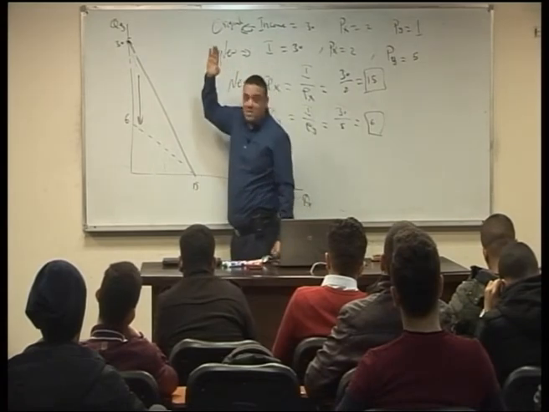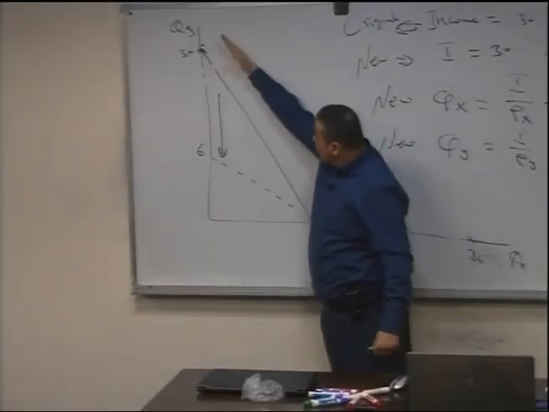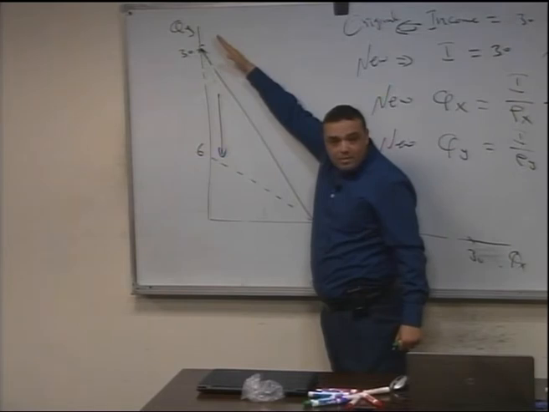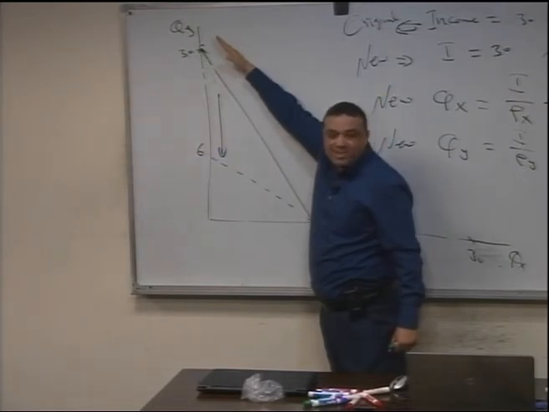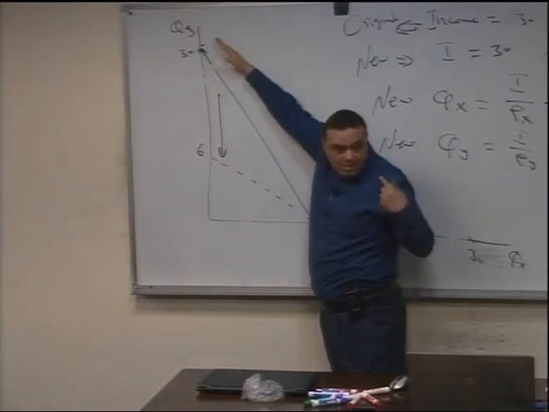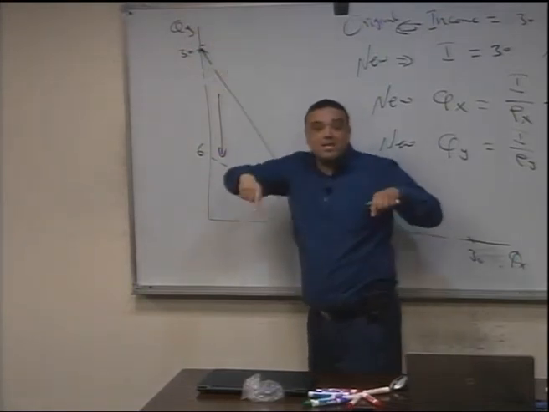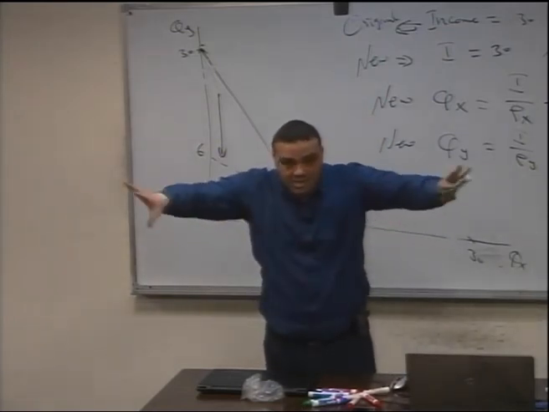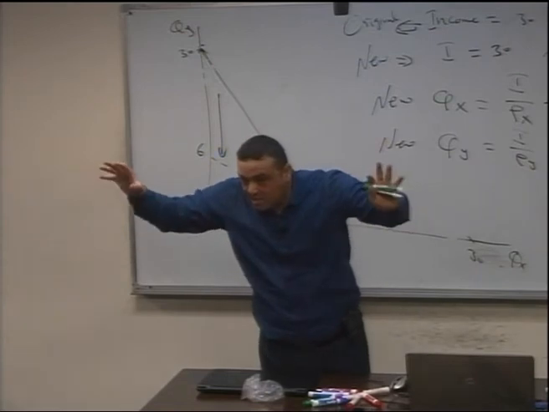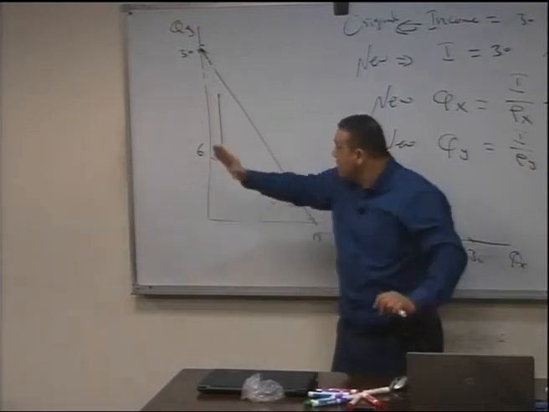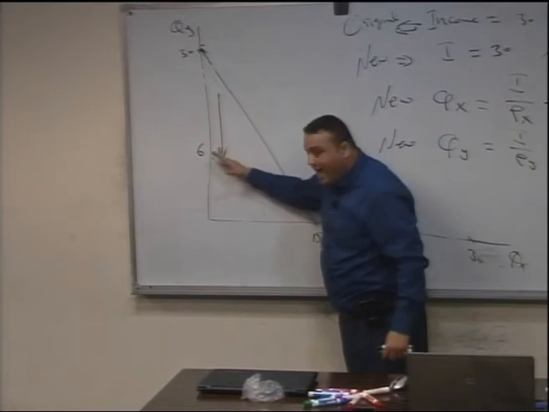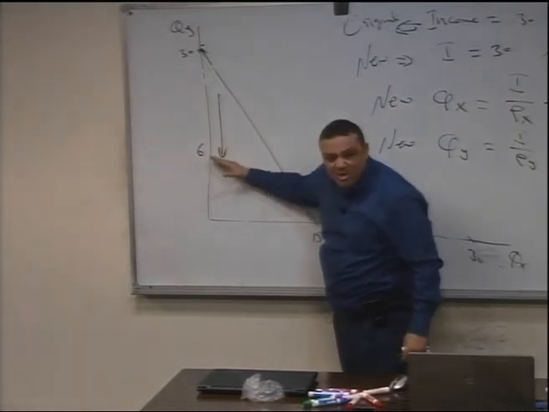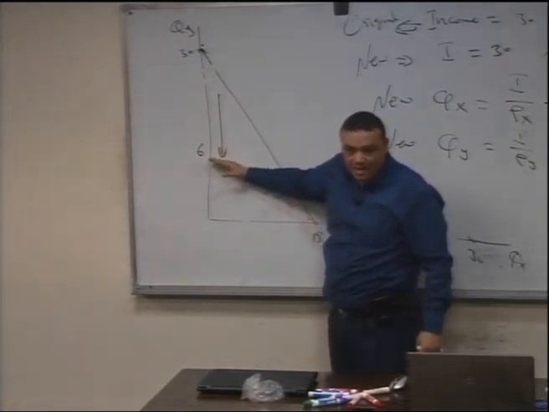When the consumer's income increased, the location changed, but we had the same slope, if you remember. But when the price of one product changes, ceteris paribus, other variables remaining constant, we have changes in the slope of the budget line.